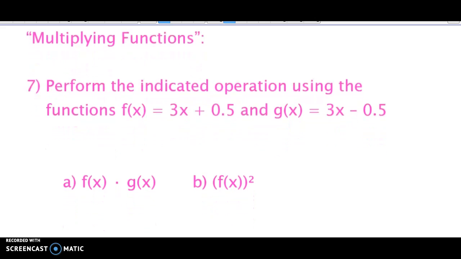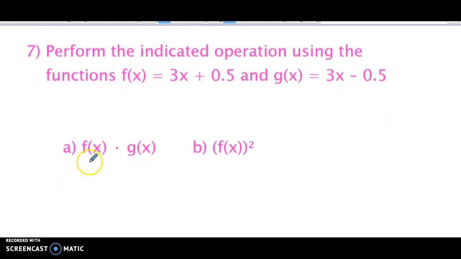And finally, let's take a look at what this looks like when we are multiplying functions. If I need to perform the indicated operation using the functions f of x equals 3x plus a half and g of x equals 3x minus a half, on this first one, I'm looking for the product of these two, f of x times g of x. So I'm just going to substitute because I know what f of x equals.